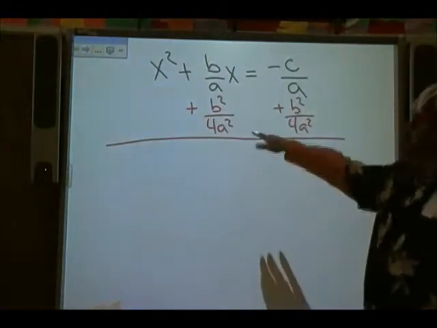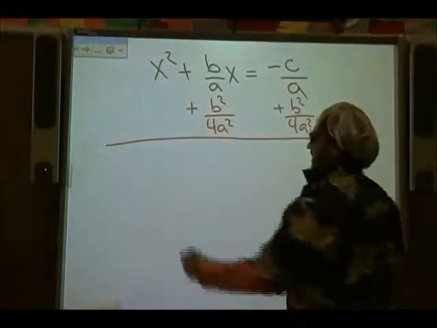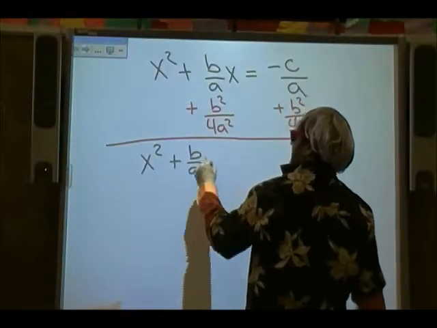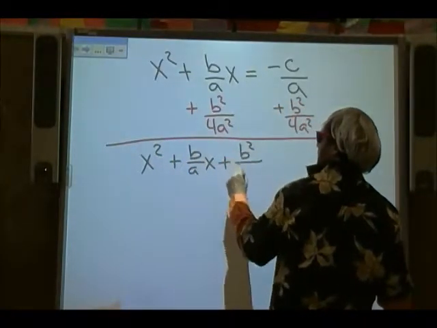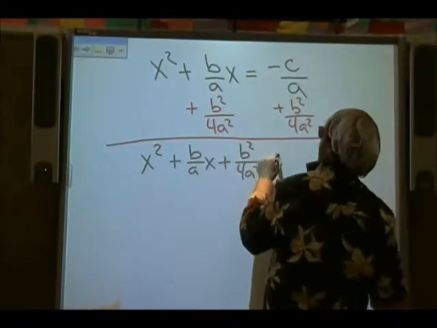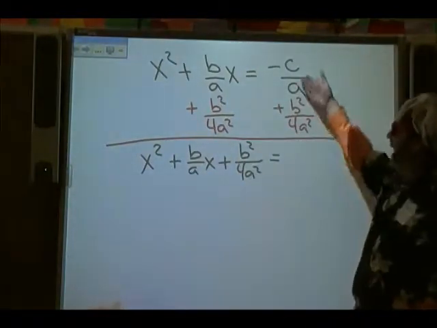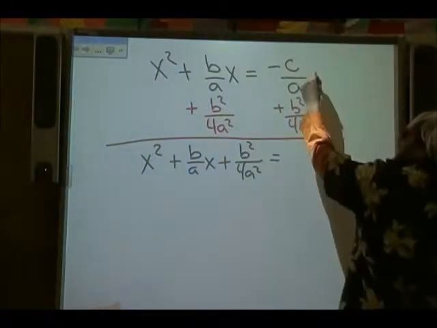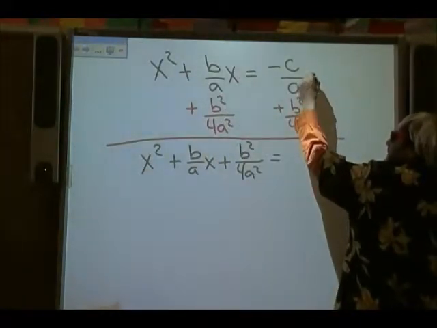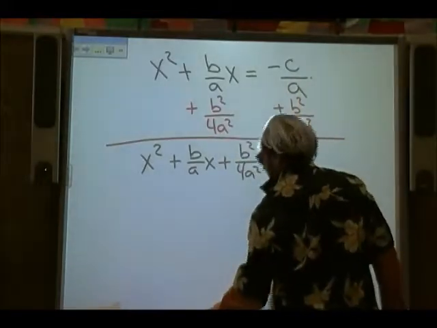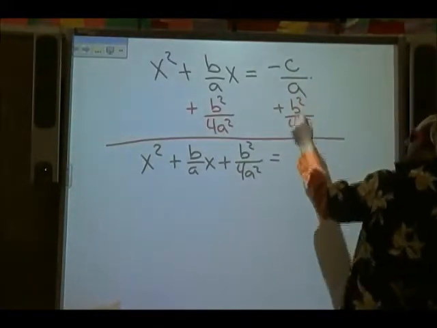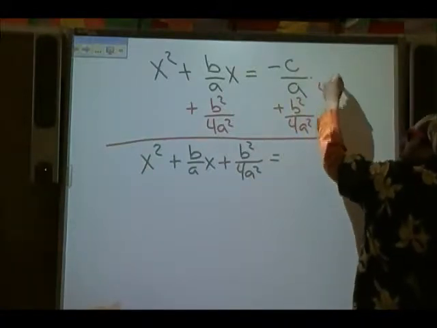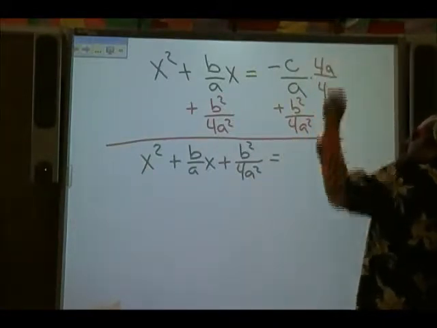Okay. This on the left is very simply x squared plus b over a x plus b squared over 4a squared. And on the right, I want to add these two, but the denominators are different. So I can make this denominator the same by multiplying by 4a over 4a, since I want to make it 4a squared.